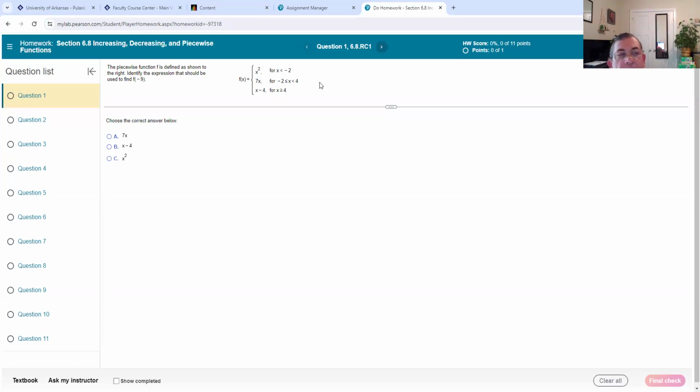So they want to know which of those three expressions should be used to find f of -9. So you got to figure out, is -9 less than -2? Is -9 in between -2 and less than 4? Or is -9 greater than or equal to 4? So y'all knowing those three domains, what are y'all picking? A, B, or C to find f of -9?